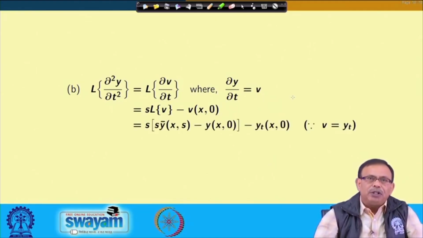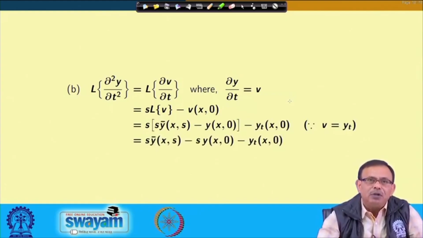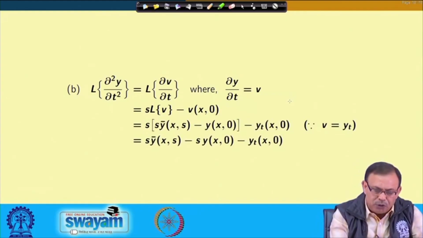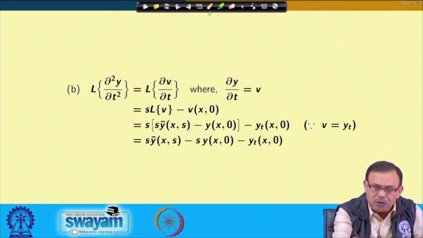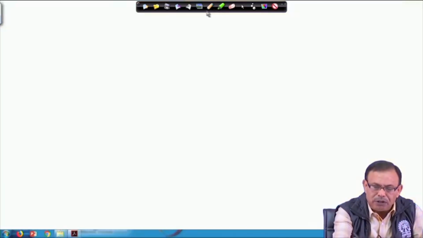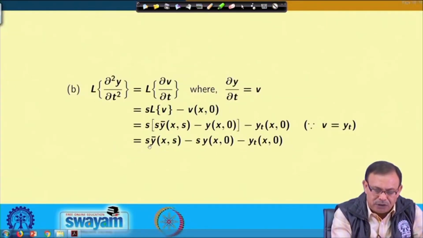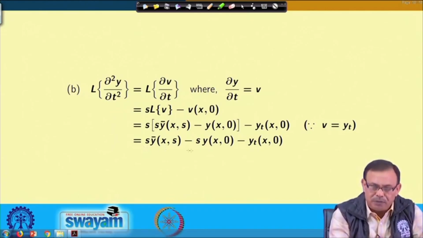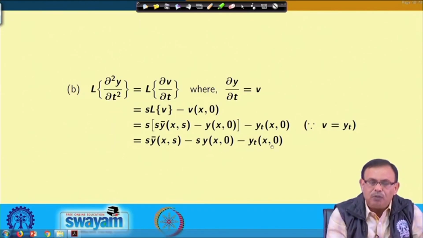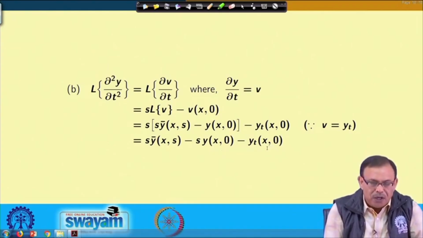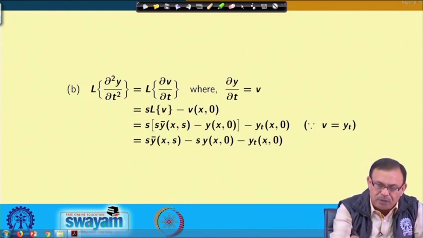If you put s into this, it will be, oh, that is a mistake, this will be s into y bar x 0. Please note this one: this part will become s square into y bar x s minus s y x 0 minus y t x 0. So this completes the proof of the second part.